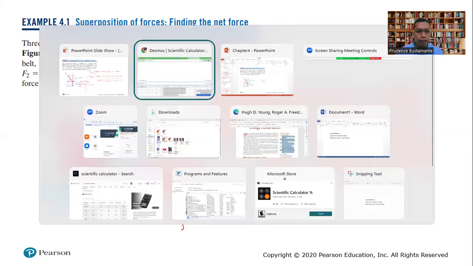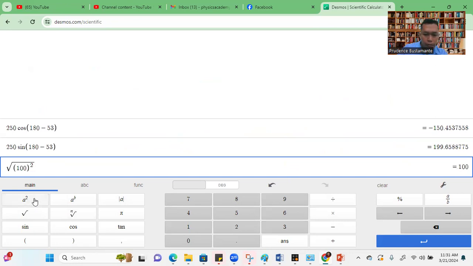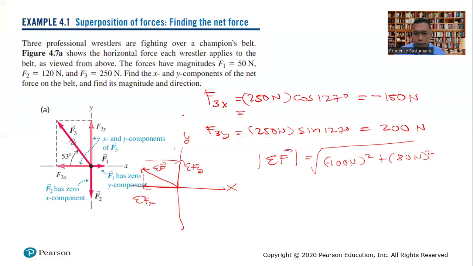So square root of 100 squared plus 80 squared. Butang negative, kalimutan butang negative. So 128 Newton. Okay. So natay atong 128 Newton ang magnitude.